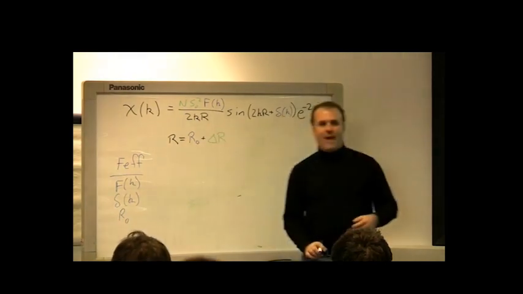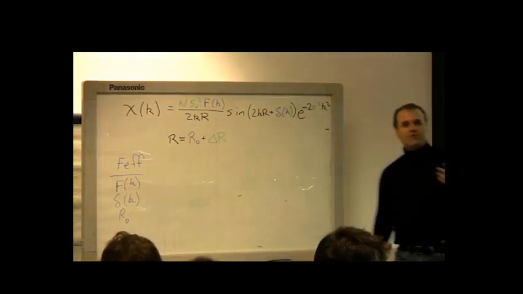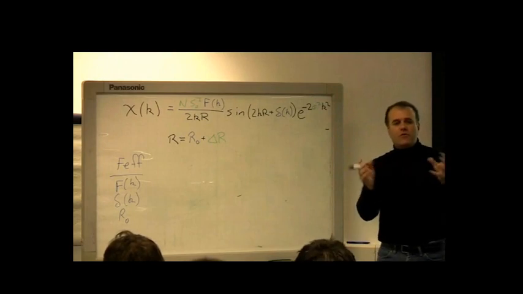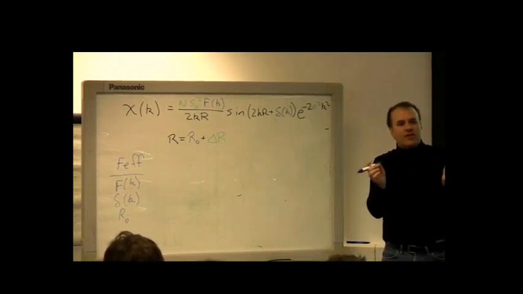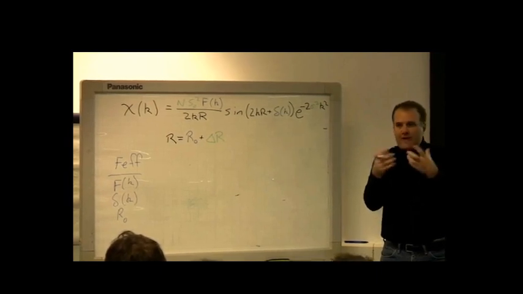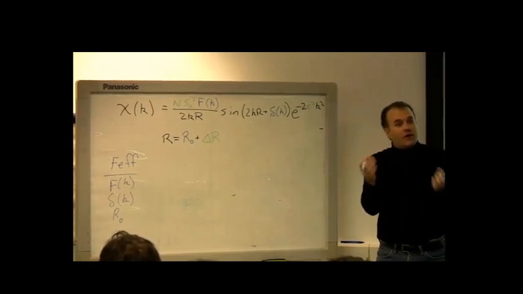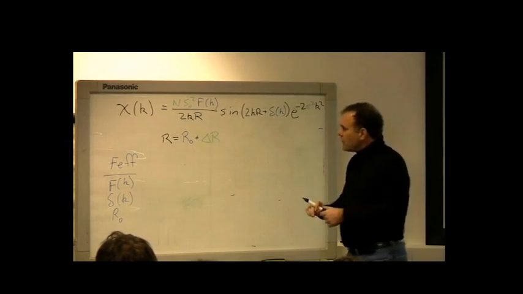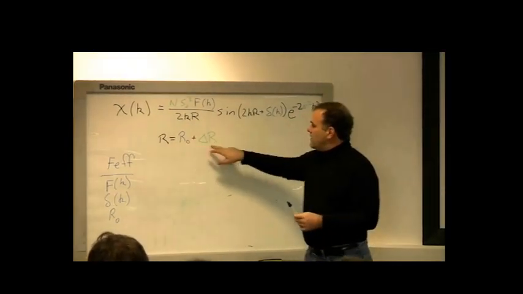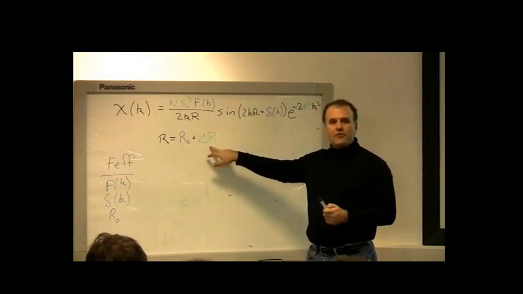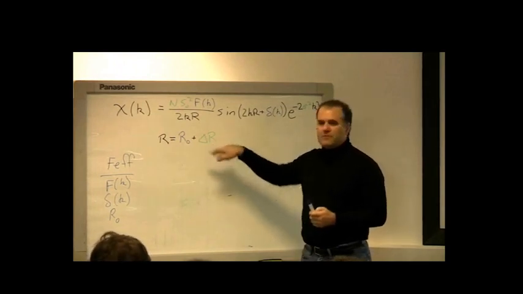But one of the things we want to do in the fit is allow some freedom for R to adjust so that we can actually measure what the distances are in our actual sample. So the R that goes in this equation is R naught plus some parameter delta R, which is something we're somehow going to determine from the fit.